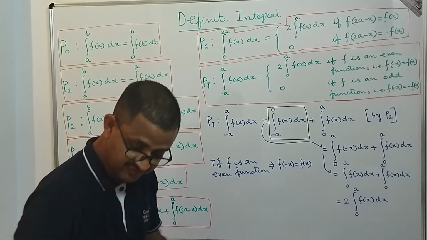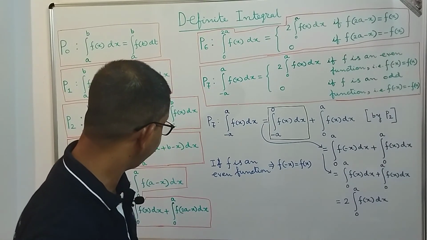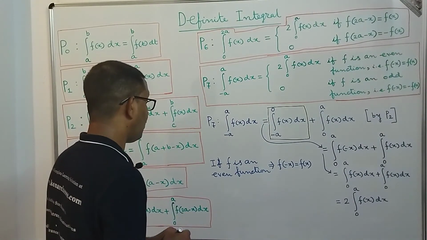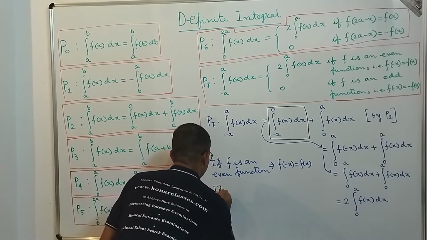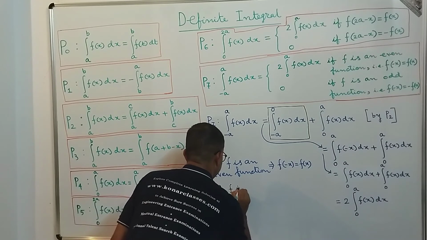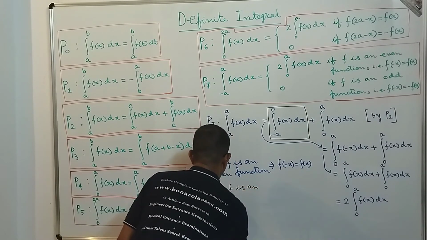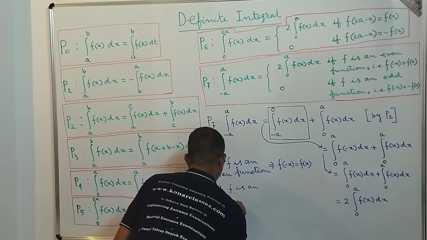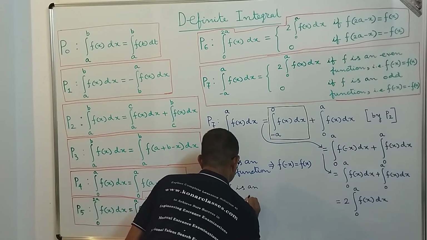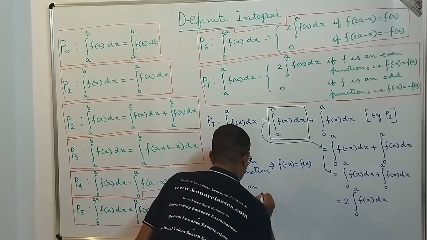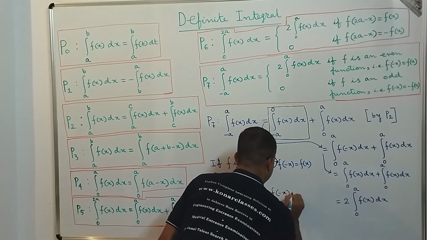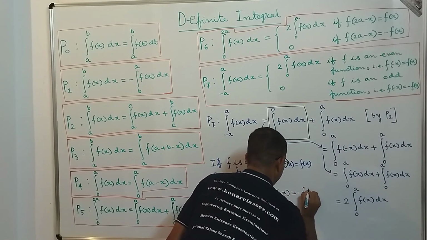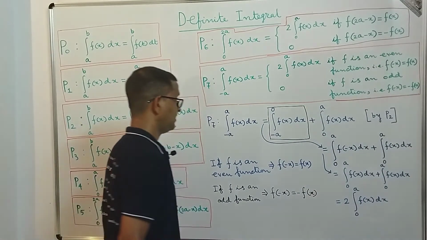Now let us use a different color and consider f to be an odd function. If f is an odd function, what does it mean? That means f of minus x is equal to minus fx, correct?